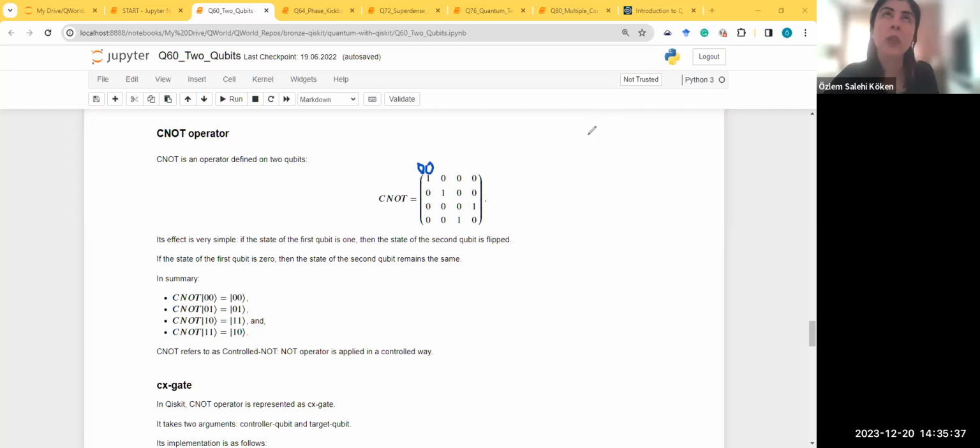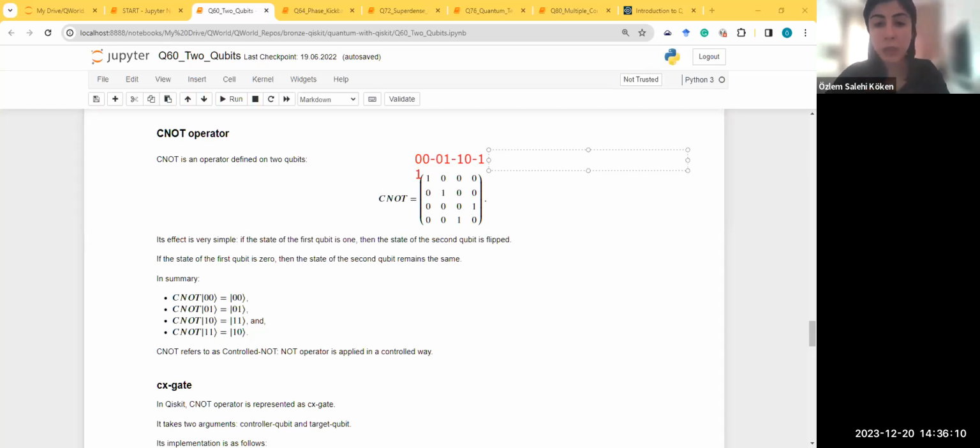Therefore, our states were 0, 1. This time we have 0 0, 0 1, 1 0, and 1 1. Let me just type this, it will look better. The 1 is on the next line, but you get the idea.